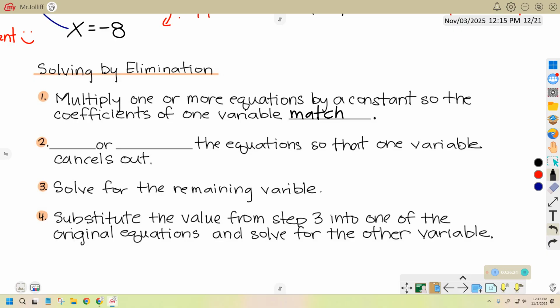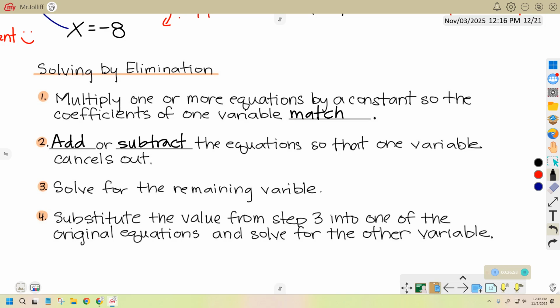So once I have my equations set up so that one of the coefficients matches, I'm going to add or subtract the equations so that the variable with the matching coefficients cancels out. If the matching coefficients have the same sign, I should subtract, same with same.